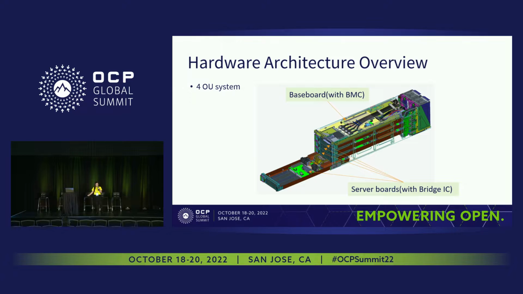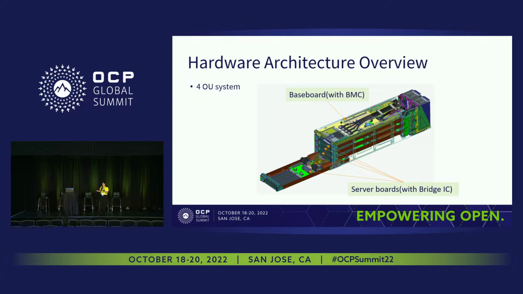Okay, let's start with the hardware architecture overview. This is a 4OU system. There is a base board connected with 4 server boards, and the base board is the primary management board of the platform. So the BMC is on the base board and is responsible for gathering all the system information.